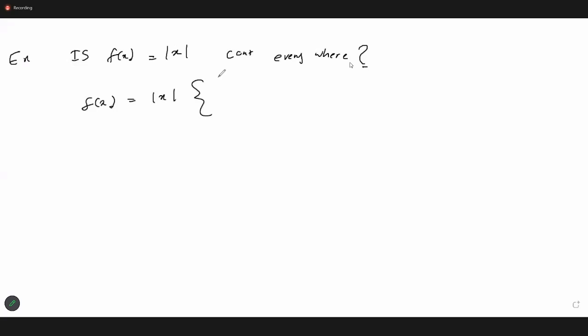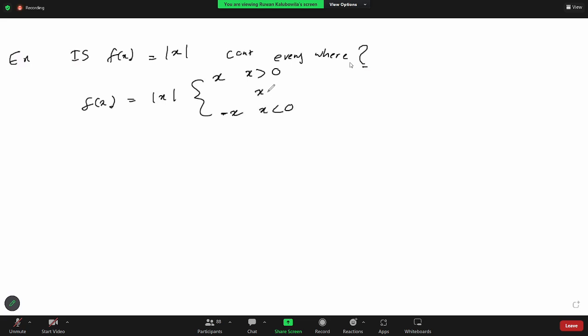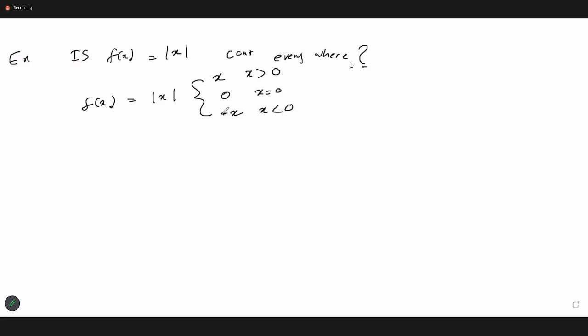So I will give some help to you. This is a modulus x, no? That means we can write it like this. f(x), modulus x, can be defined as x when x is greater than 0. This one can be defined as negative x when x is less than 0. So we can definitely write, when x equals 0, modulus should be 0.